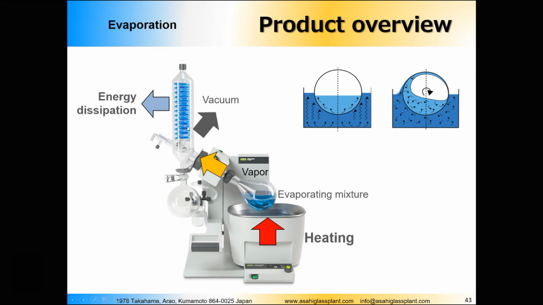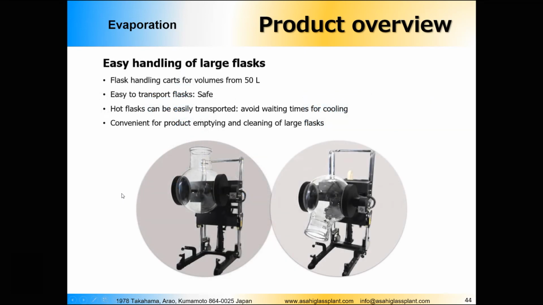The condenser has a coil, which is cooled down by tap water or a chiller, and the condensate forms on these spirals and goes straight into the receiving flask, here, for the condensed solvent. That was an explanation of why we need the rotation.